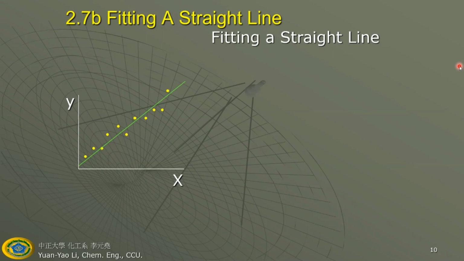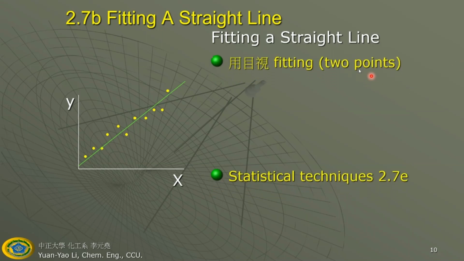So fitting a straight line, you can just draw it as you like, as long as you don't draw something like this. You draw it very close to these 10 data points. Okay? So draw a calibration curve here, and you find this line.